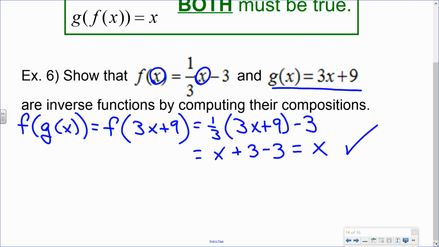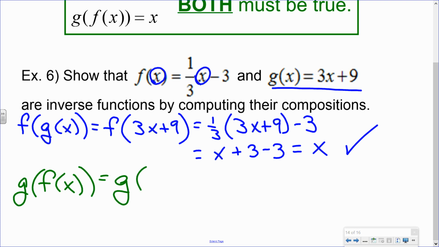Then we do it the other way. g of f of x, and we label which one this is. g of, okay, f of x was originally 1/3 x minus 3. So now I need g of that. So I need to put 1/3 x minus 3 right in there as the argument for the g function.